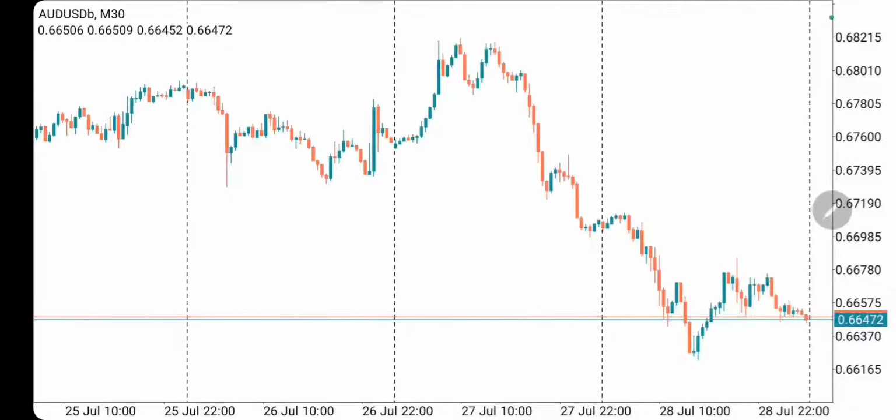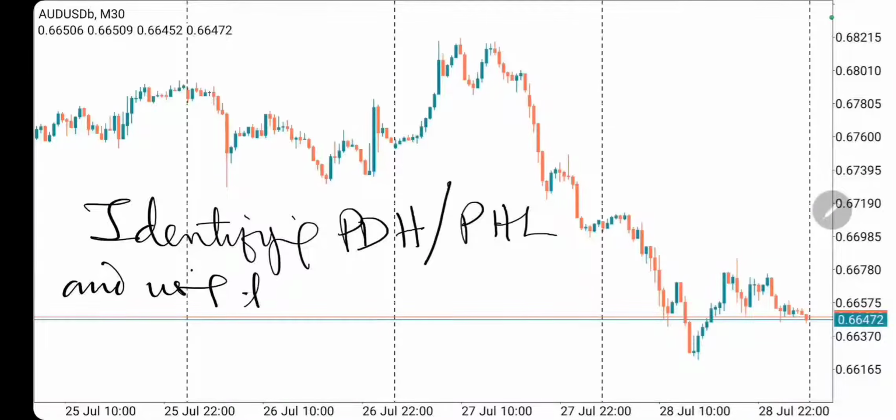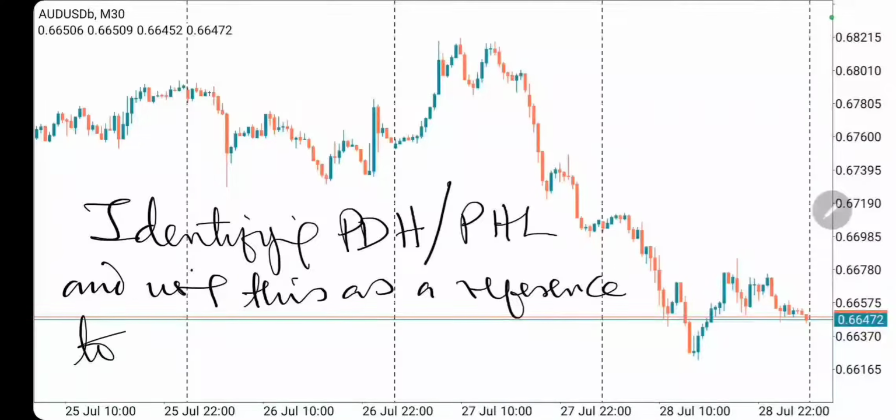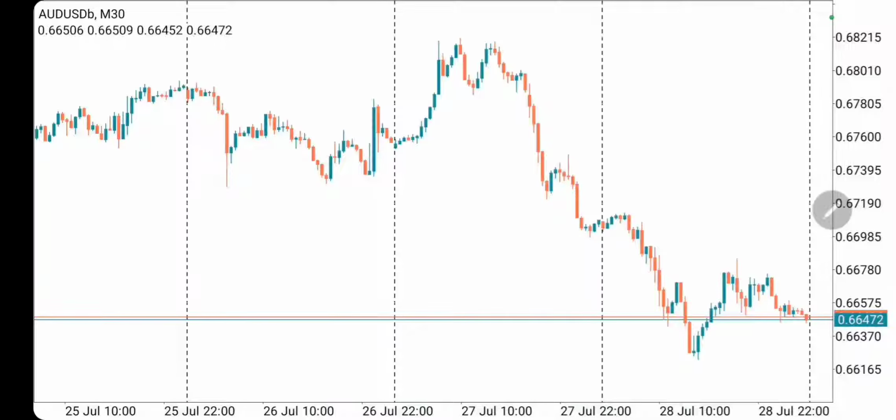All right, so this strategy involves identifying the previous day's high or the previous day's low, and using this as a reference to know the best location to get into the market. All right, so this is what this strategy is all about.